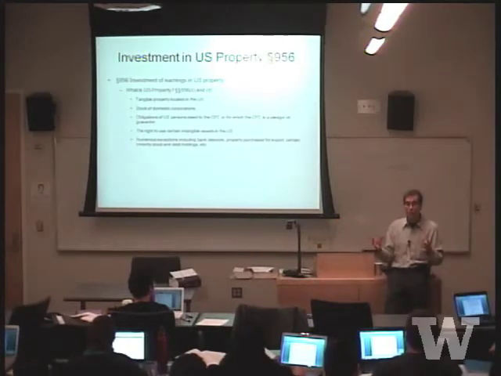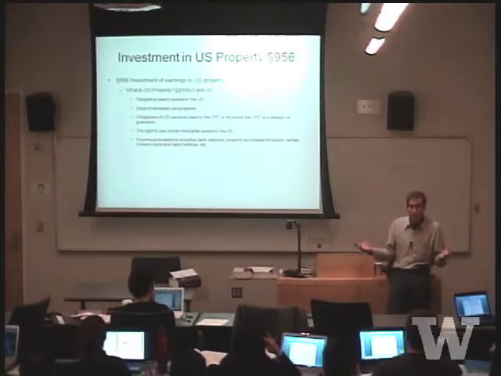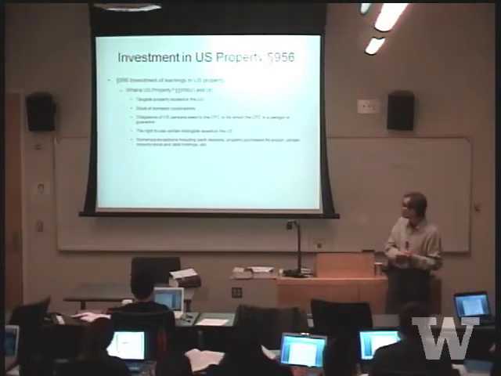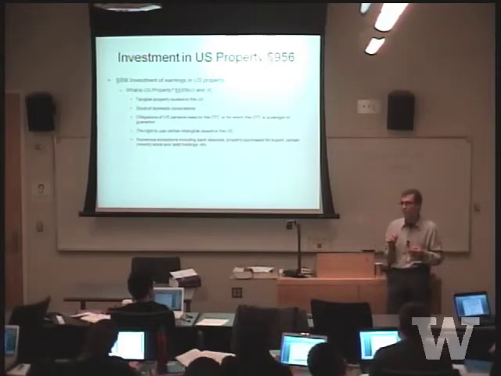All the CFC has to do is just guarantee the loan or pledge its assets for the benefit of the creditor of the parent, and you have an investment in U.S. property. And notice the right to use intangible assets in the U.S. Well, that's an especially interesting one, as we'll talk about in a moment, because of what's not there.